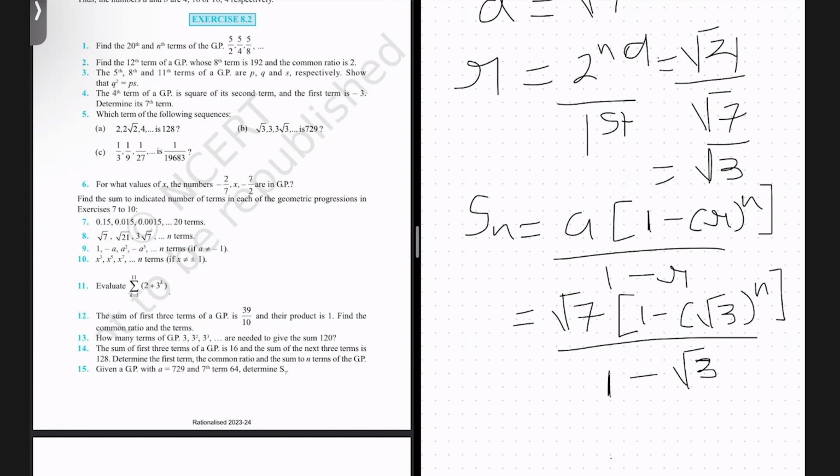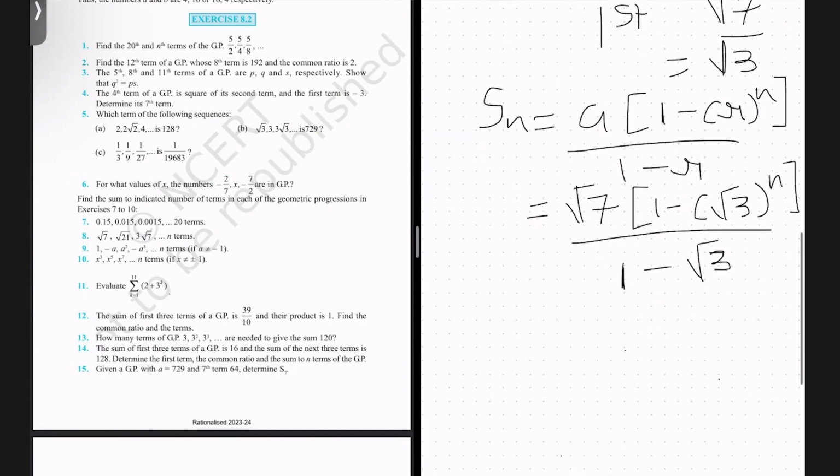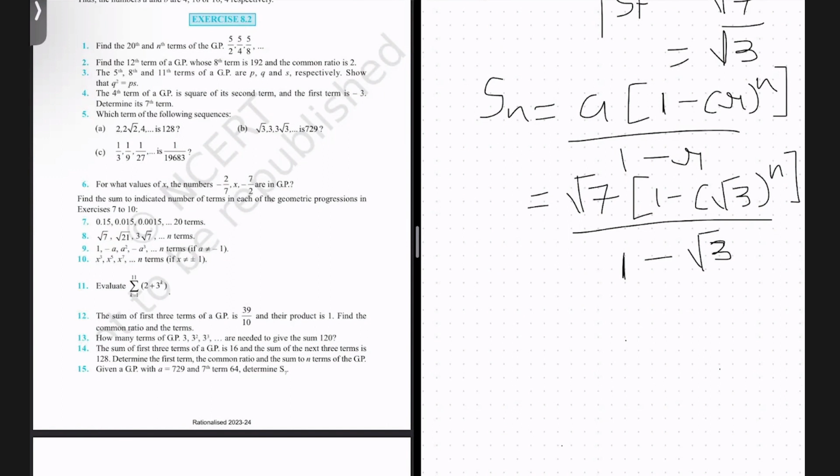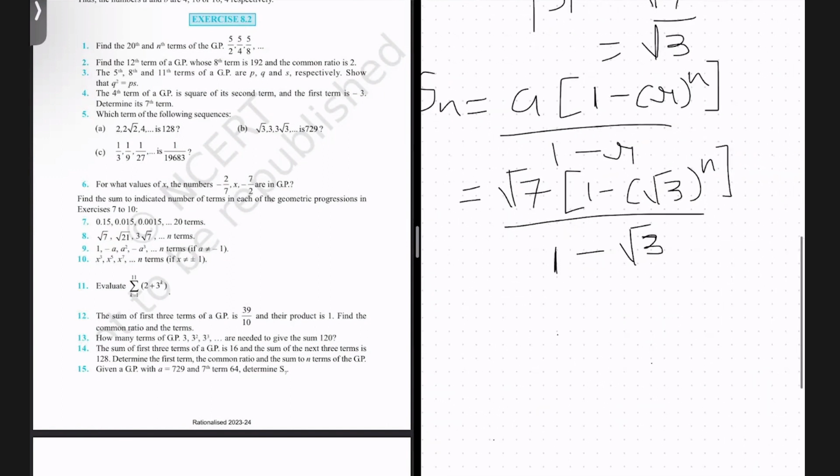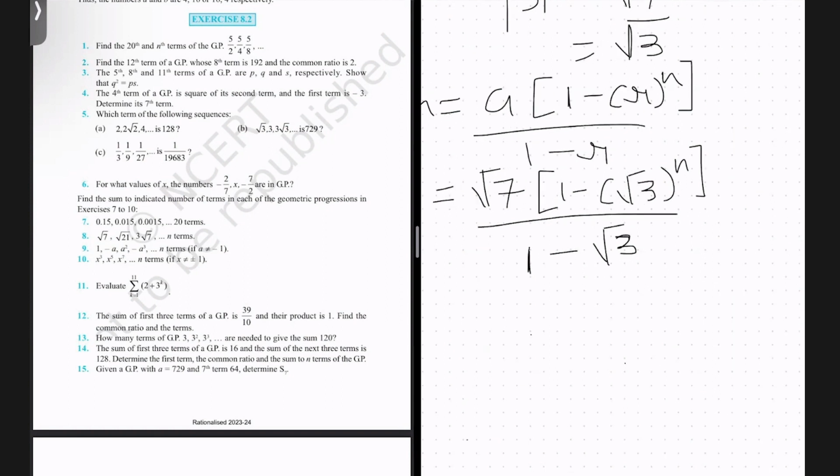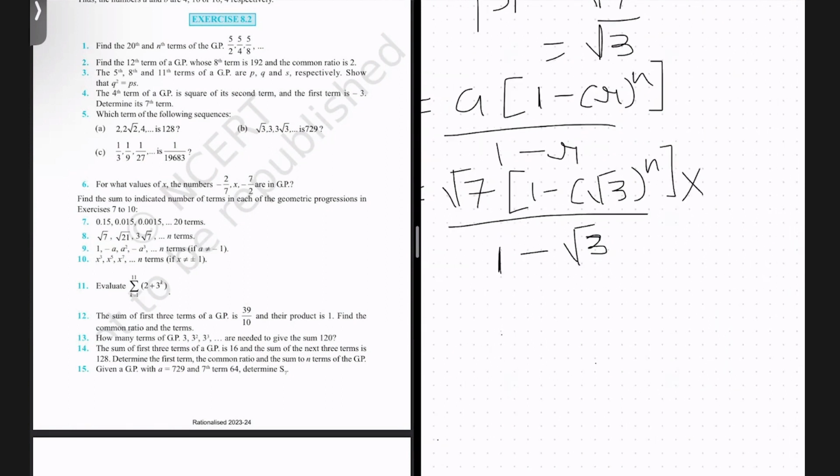Correct. Now, what I have is some part in the denominator which is non-rational. So to rationalize this, I'm going to multiply the numerator by 1 plus root 3 and the denominator by 1 plus root 3. Correct.